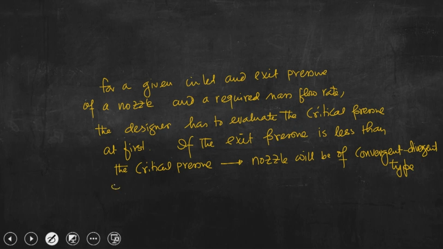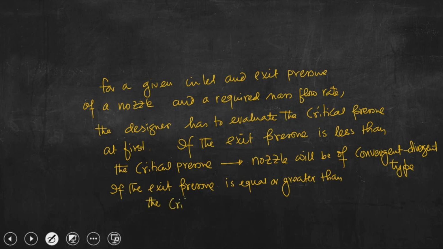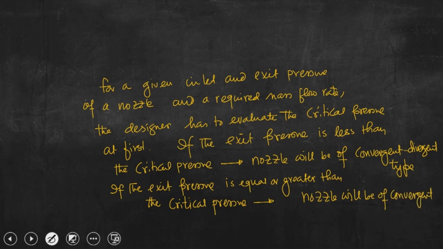If the exit pressure is equal to or greater than the critical pressure, then the nozzle will be of convergent type. So, this is very important.